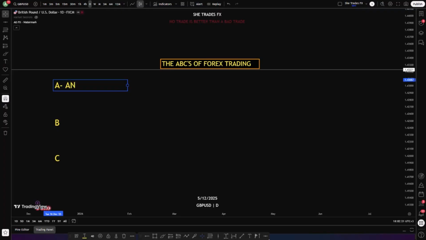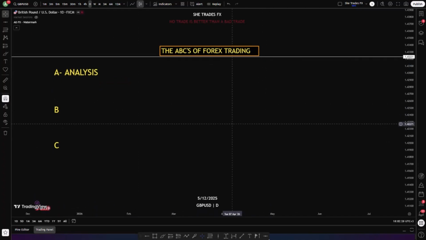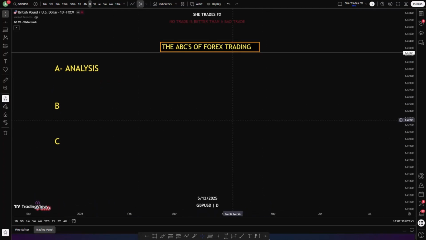So A stands for analysis. Now, analysis is, can I say, the backbone of trading? Because before you invest in anything, before you choose to buy or sell any currency pair or any commodity, you have to sit down and first analyze.